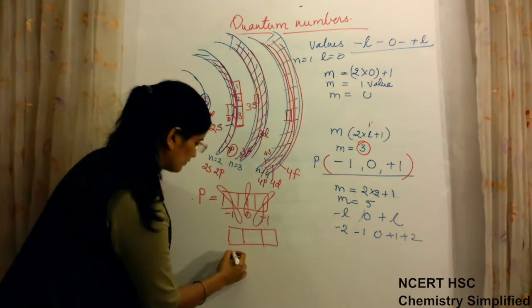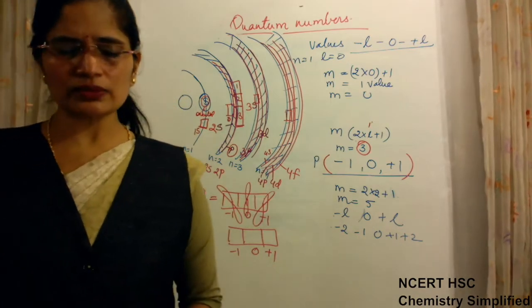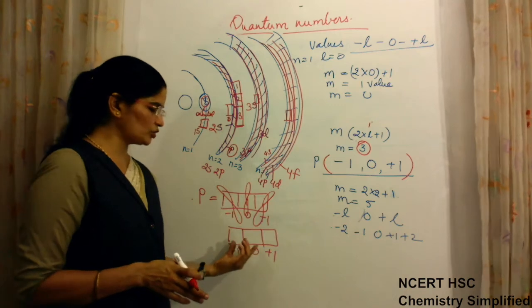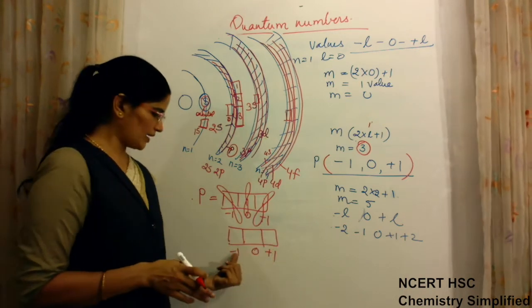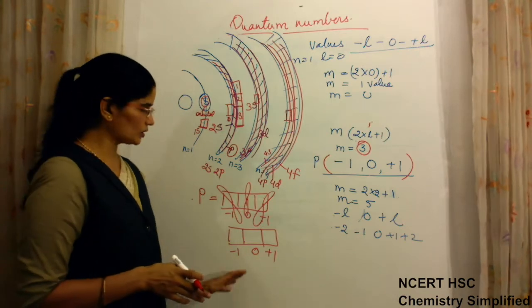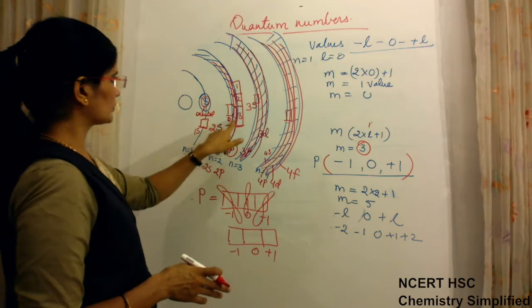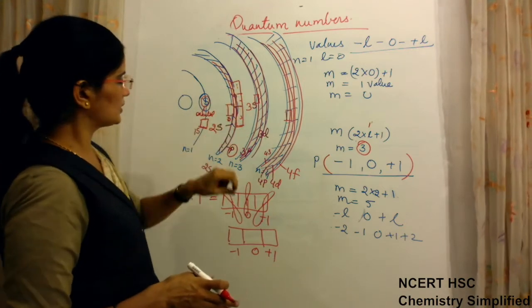That is why they have been given minus 1, 0, plus 1. But for filling of electrons, we need not know the directions. The only thing we need to know is that wherever there is p, it will have 3 orbitals, minus 1, 0, plus 1.